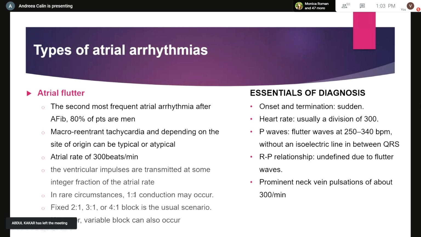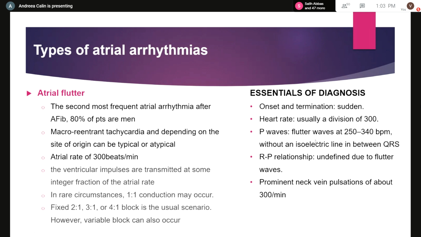In rare circumstances, one-to-one conduction may occur, but in general, there is a fixed transmission rate, 2-to-1 or 3-to-1 AV block. However, a variable degree of block can occur in some patients with atrial flutter, presenting like an irregular rhythm. The onset and termination of atrial flutter is sudden because it's a re-entrant arrhythmia. The heart rate, as I've said, is usually a division of 300.